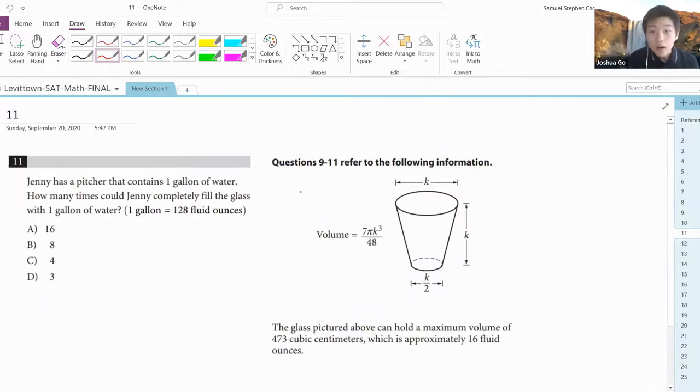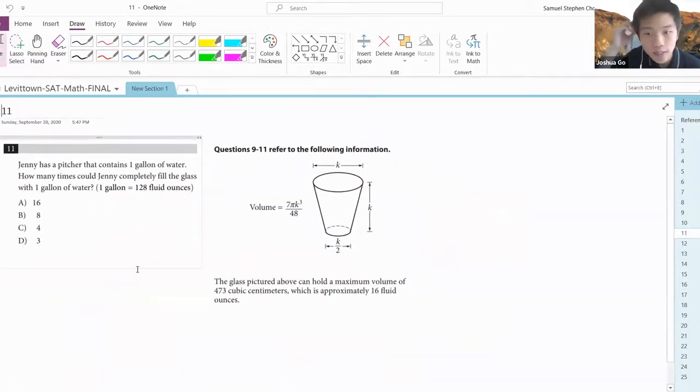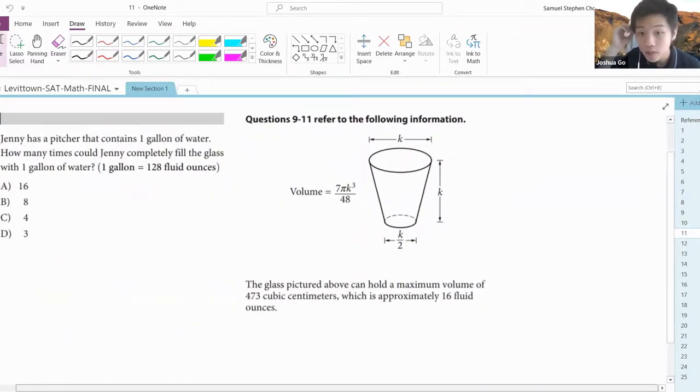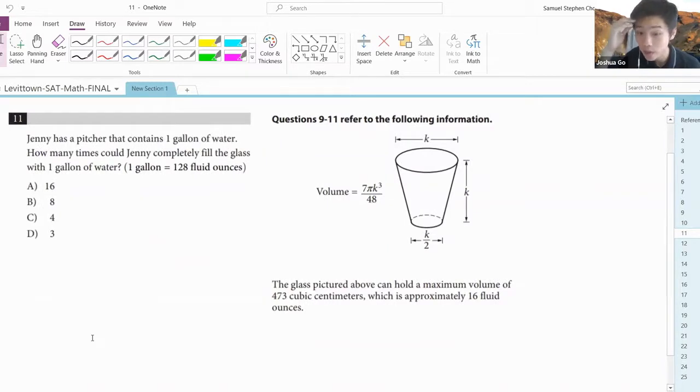11 asks, Jenny has a pitcher that contains 1 gallon of water. How many times could Jenny completely fill the glass with 1 gallon of water? So here they give us the information that 1 gallon is equivalent to 128 fluid ounces. And the figure gives us the information that the glass can hold approximately 16 fluid ounces.